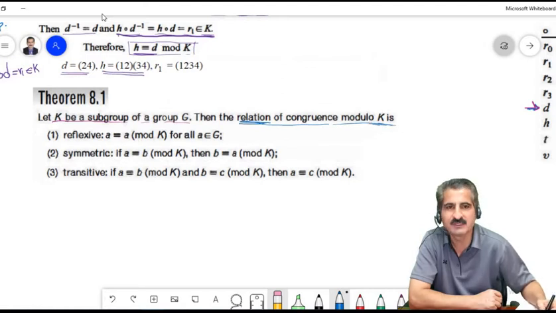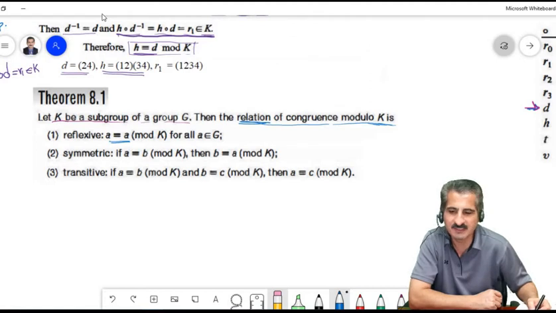Two elements are related if they are congruent modulo K. First, every element is congruent to itself modulo K, right? Because A times A inverse is the identity, and the identity belongs to K because K is a subgroup. So the proof of this is so easy.